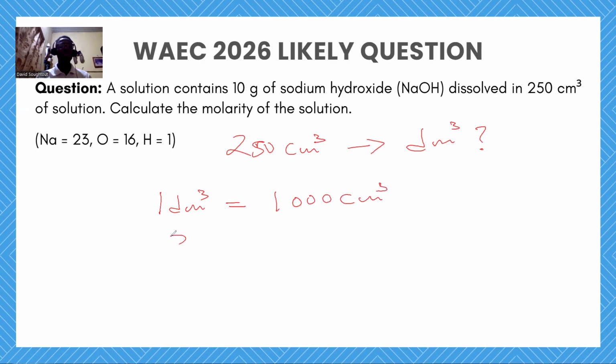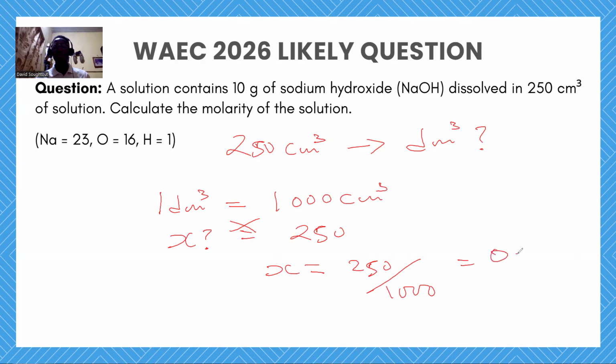So therefore, how many dm³ will be equal to 250? If we cross multiply, x will be equal to 250 divided by 1000. This gives us 0.25 as well.